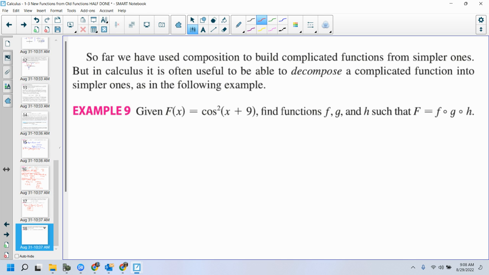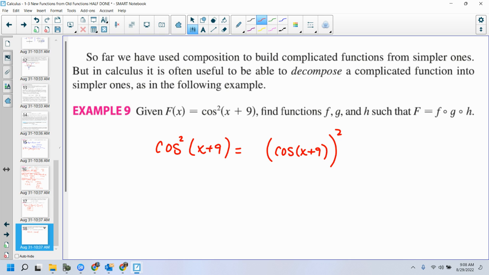One of the key things to remember here is that cosine squared of x plus 9, that notation really means cosine of x plus 9 times cosine of x plus 9. The notation of putting the squared next to the cosine is saying I want to square it, like having two cosines of x plus 9 multiplied together.